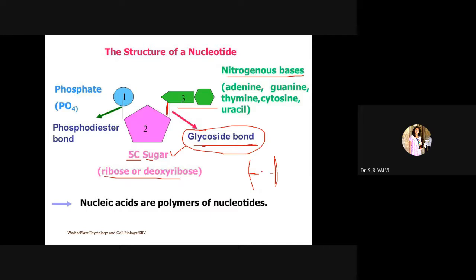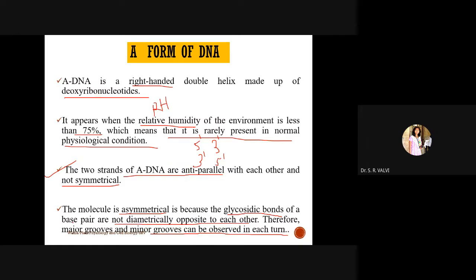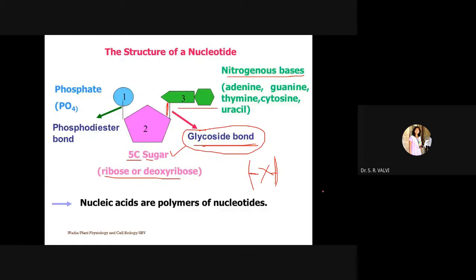So our sentence is: the glycosidic bonds of a base pair are not diametrically opposite to each other, and therefore major and minor grooves can be observed in each turn. As they are not opposite, we observe major as well as minor groove. Please remember, the glycosidic bond is present between nitrogenous bases and sugar, whereas the phosphodiester bond is present between phosphate group and sugar.